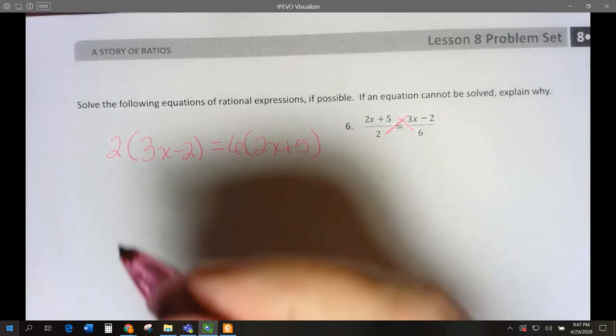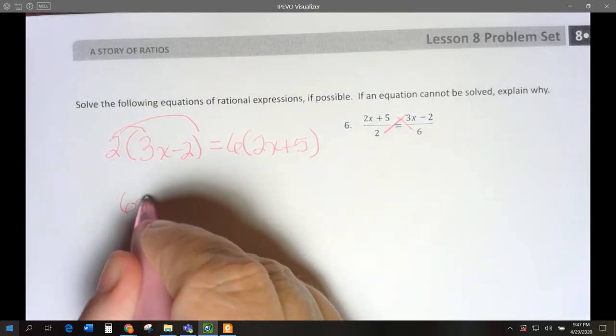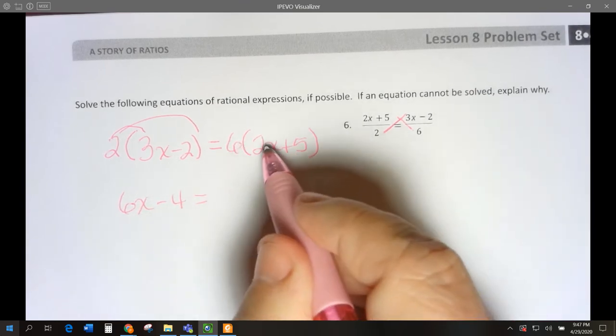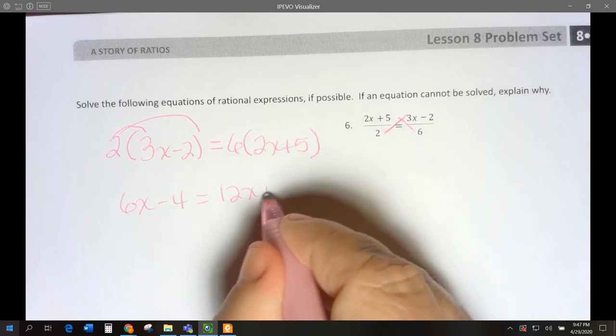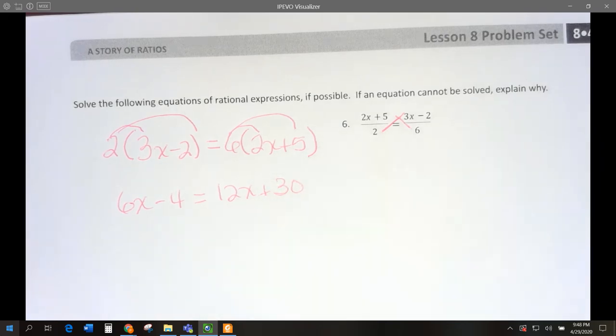We can do the distributive property on both sides. 6x minus 4 equals 12x plus 30.